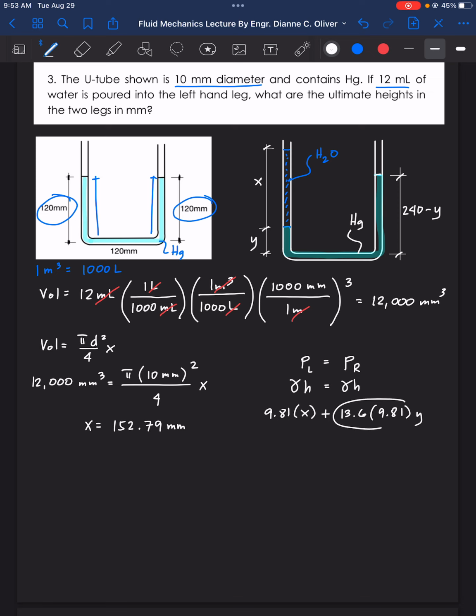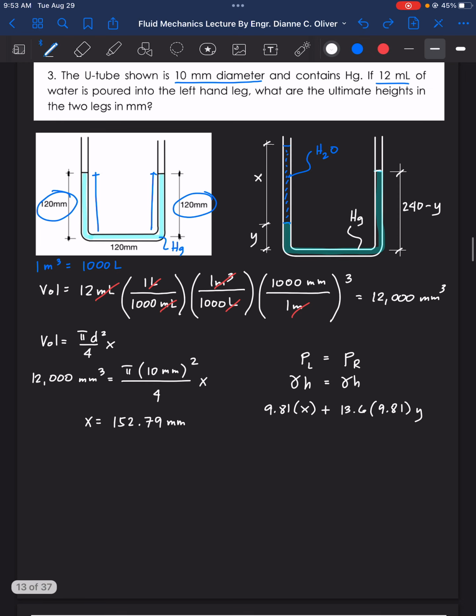Again, where did we get that 13.6 and 9.81? It's from the formula for specific gravity, which equals gamma of the liquid over gamma standard. We're dealing with mercury, so gamma of mercury is equal to Sg of mercury times the gamma of water.